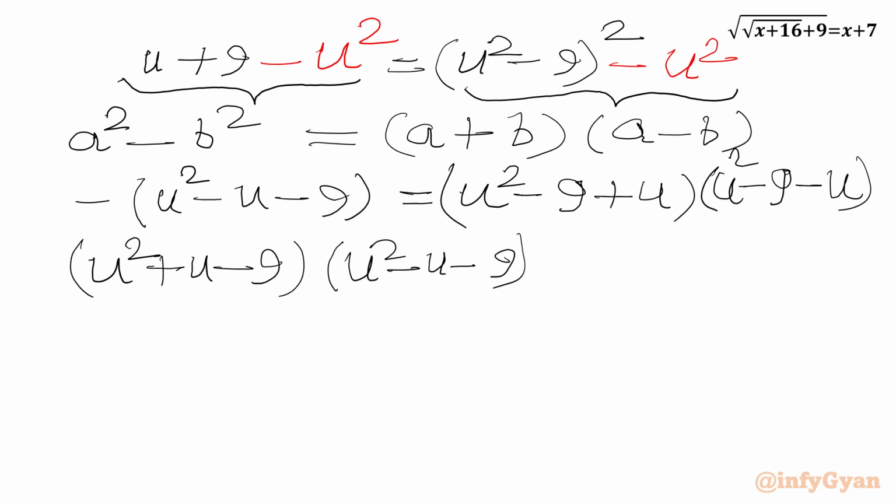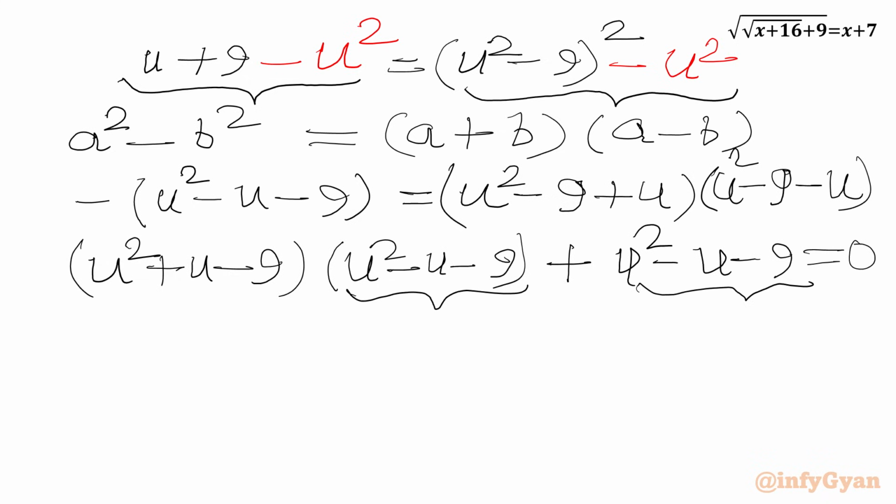Then we will write our LHS: u square minus u minus 9 equal to 0. Now we have u square minus u minus 9 overall common.